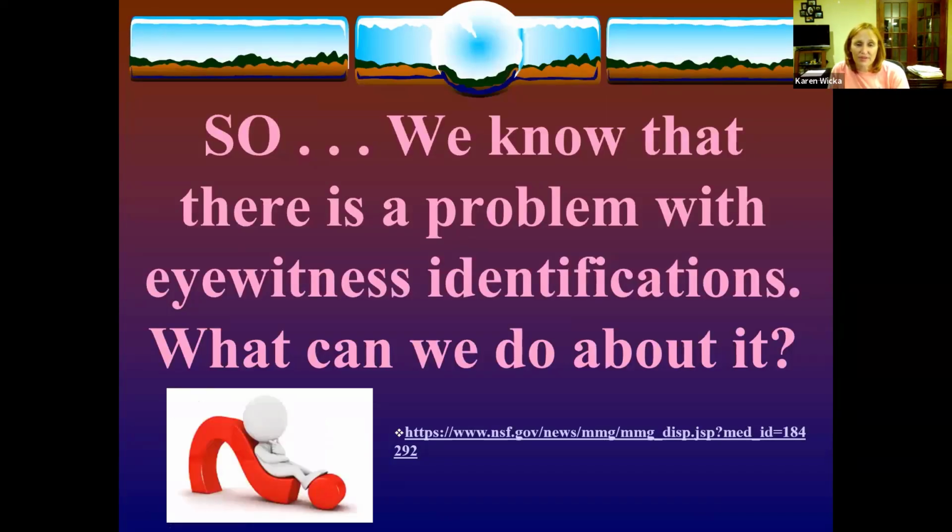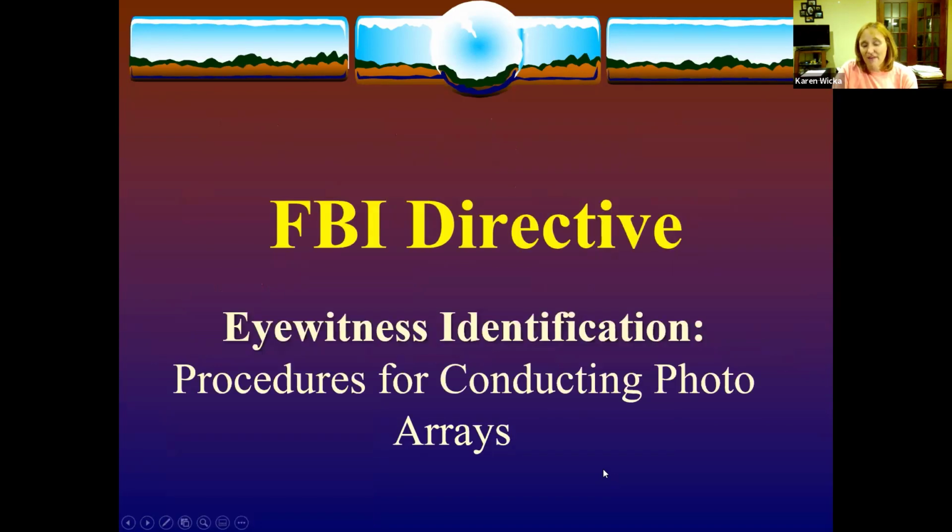So we now know that there's a problem with identifications. What can we do about it? So there's a whole series of things that they recommend that you do to make sure that your identification procedures are done properly. And the FBI has done extensive research and has actually issued what's called the eyewitness identification process.